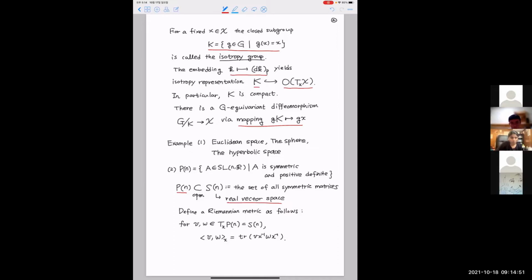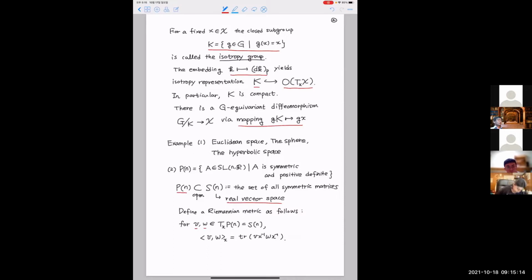For two vectors V and W in the tangent space at X of P_n, which is an open subset of the space of symmetric matrices, you can think of the two vectors as symmetric matrices.